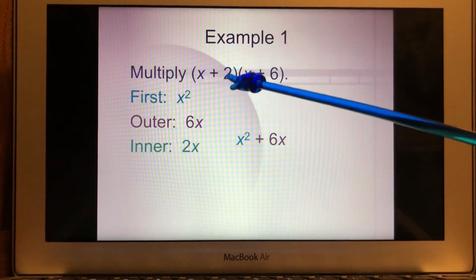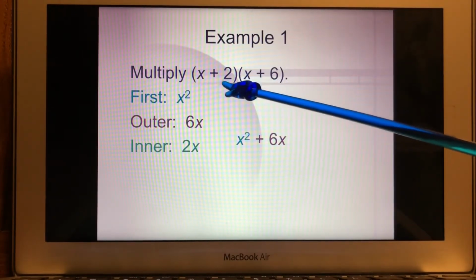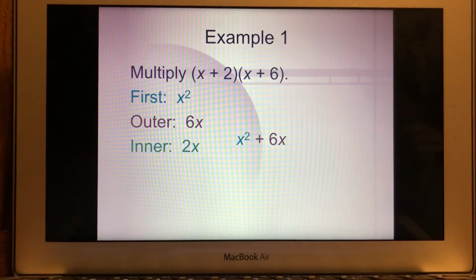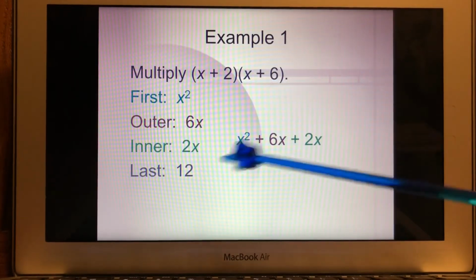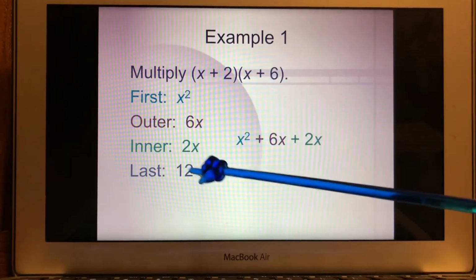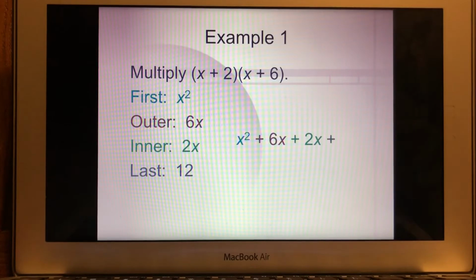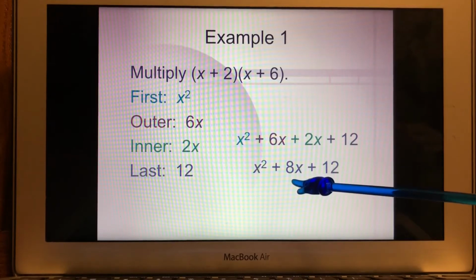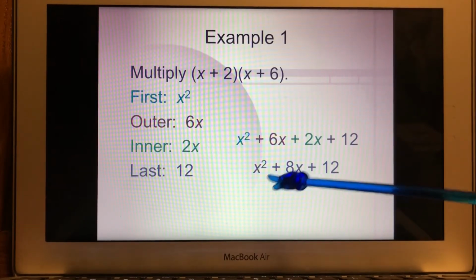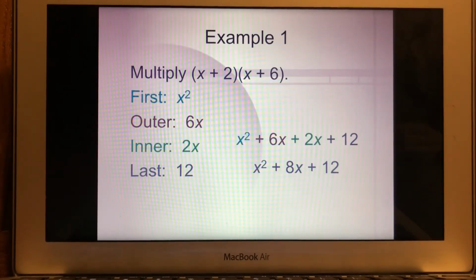The inner terms are 2 and x, so that becomes plus 2x. And then the last terms are 2 and 6. 2 times 6 equals 12, so that's my last term. Then I simplify: 6x plus 2x gives me 8x. So my final answer is x squared plus 8x plus 12.